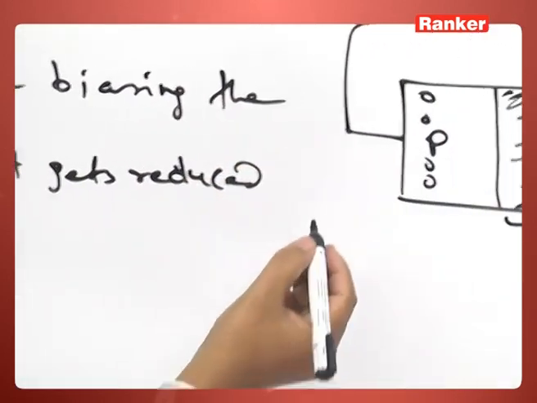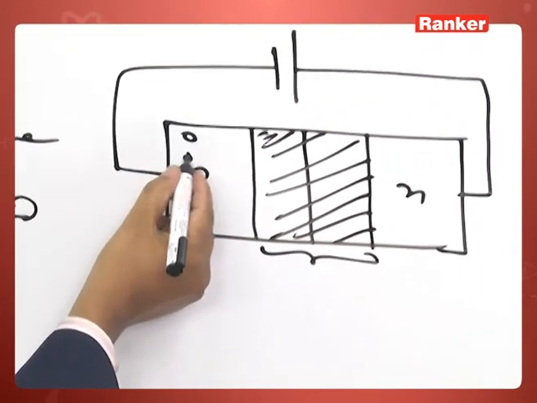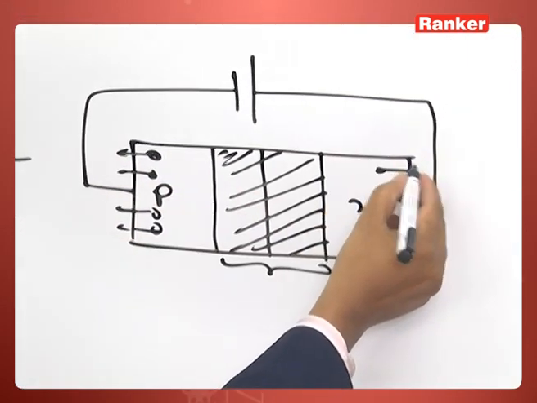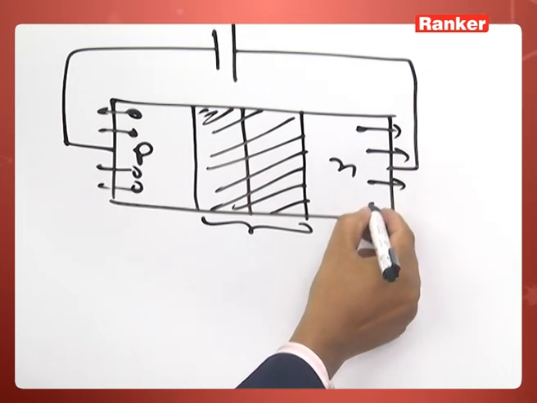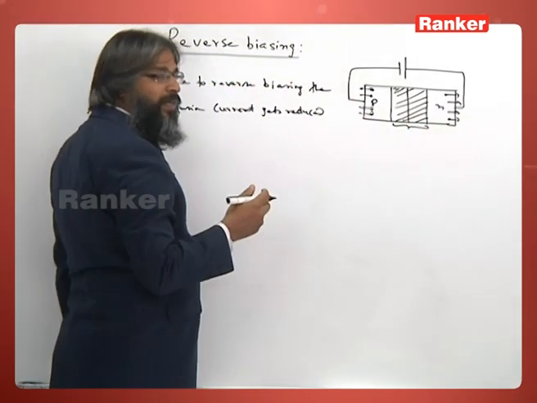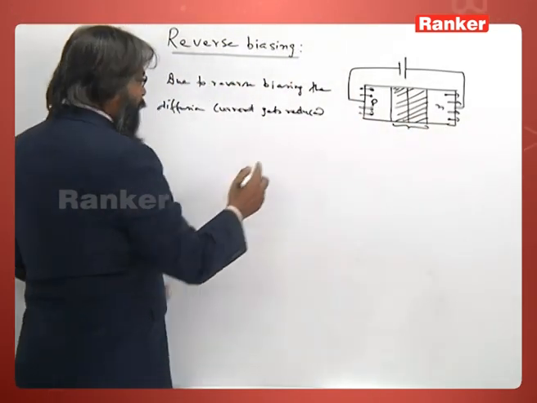Since you see the holes are pulled this way and the electrons are pulled this way, so they diffuse less easily, so the diffusion current gets reduced.